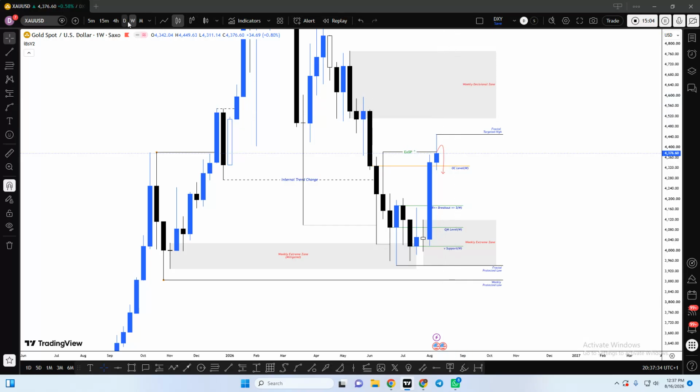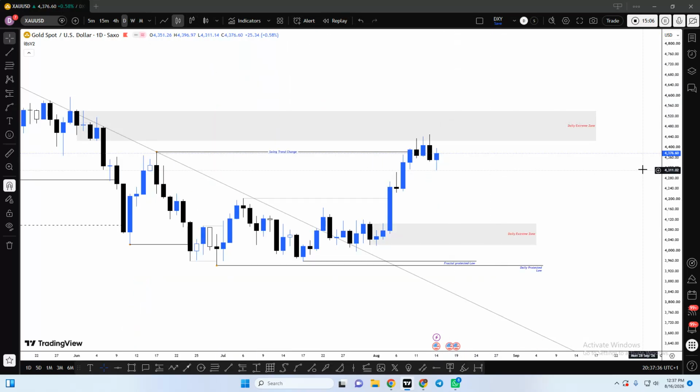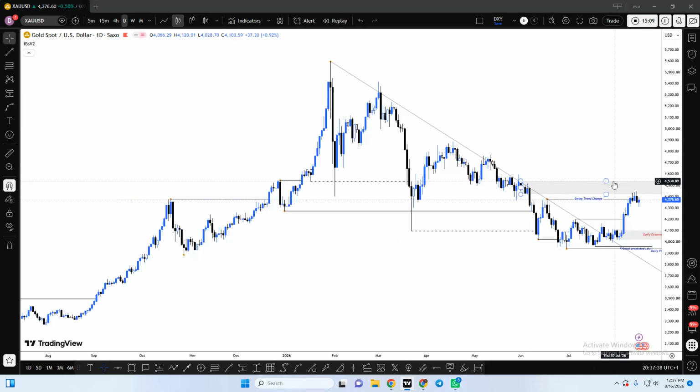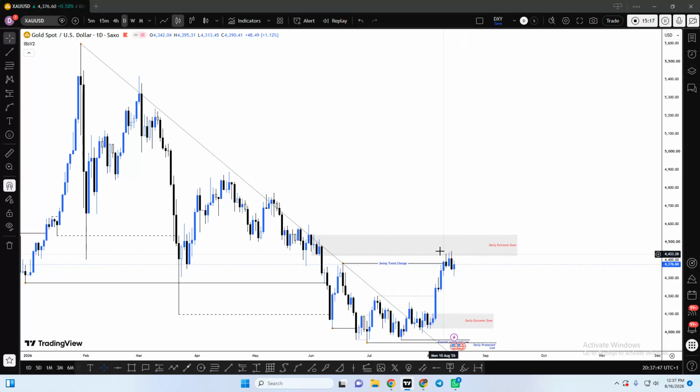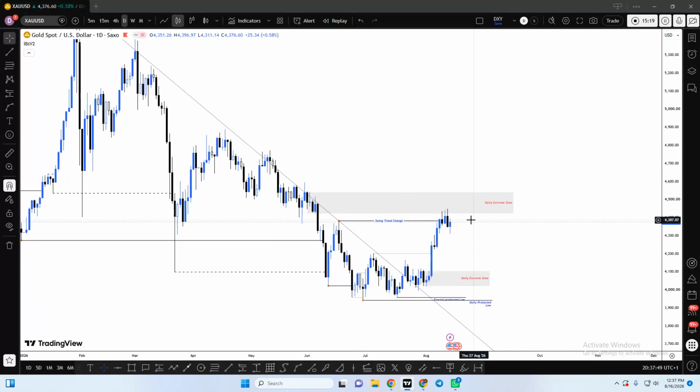Now if we move to daily time frame, let's go to the daily time frame. You can see we do have that swing trend change tapping into our daily extreme zone, right? So this is our daily extreme zone, daily supply zone. So from here, remember guys, what I always say, and this is something that should be hard coded in your mind.